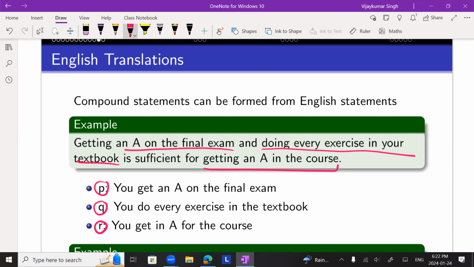So how do we go about it? Look at this: getting an A in the final exam and doing every problem in the textbook. For sure, we have P and Q here, right? Because those two are connected with an and. And then we have what is sufficient for getting an A in the course. So what is the word sufficient?